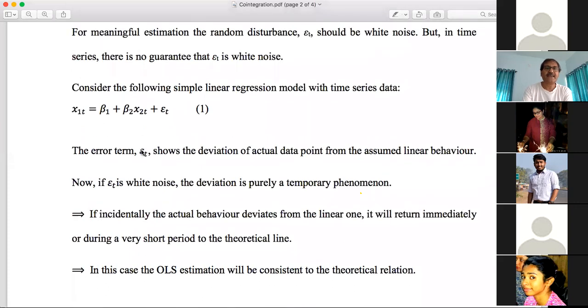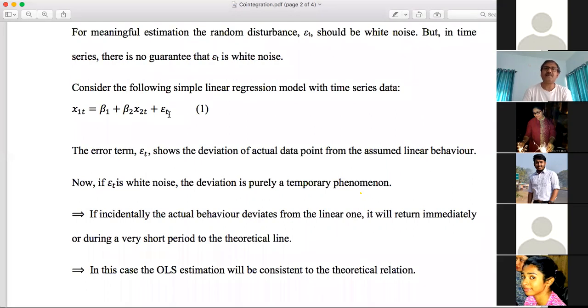So the error term in equation 1 shows the deviation of the actual data point from the assumed linear behavior. Now, if epsilon t is white noise, the deviation is purely a temporary phenomenon. For that reason, we need the error term to be white noise.